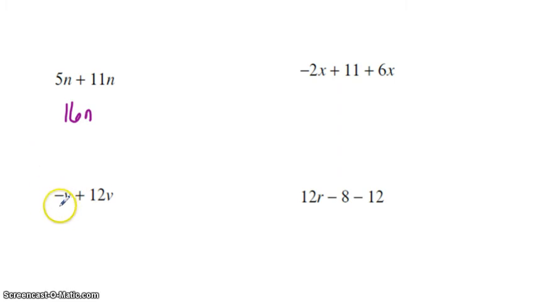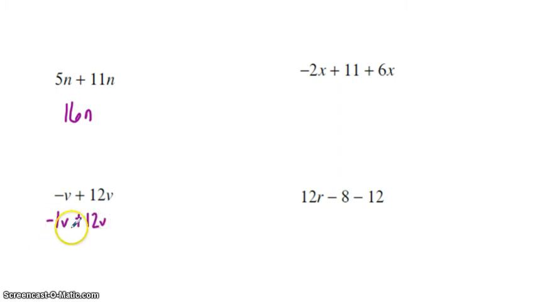All right, last one that is simple. This time we have a negative v plus 12v. This one is slightly different. Because we have a negative v plus 12v, this is basically saying we're taking away a group of v from the 12v. We have no visible coefficient on the v, but anytime we have a variable without a coefficient, this is like saying negative 1v plus 12v.